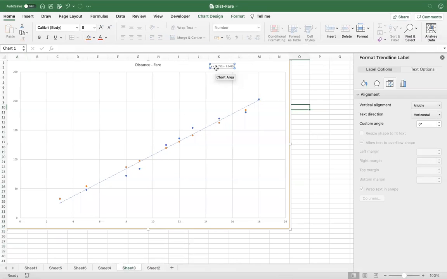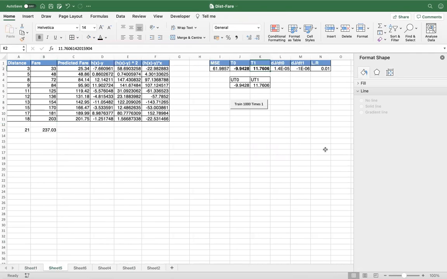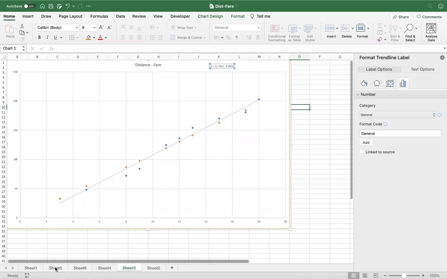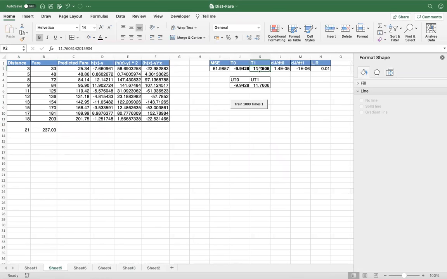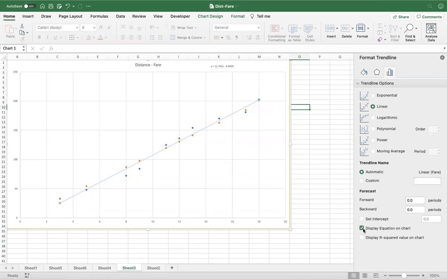What is that slope equal to? 11.761 something. If you go back to our formula, 11.76. And what is our intercept equal to? Minus 9.942. If you give this to Excel and click on display equation on chart, it does that for you automatically.